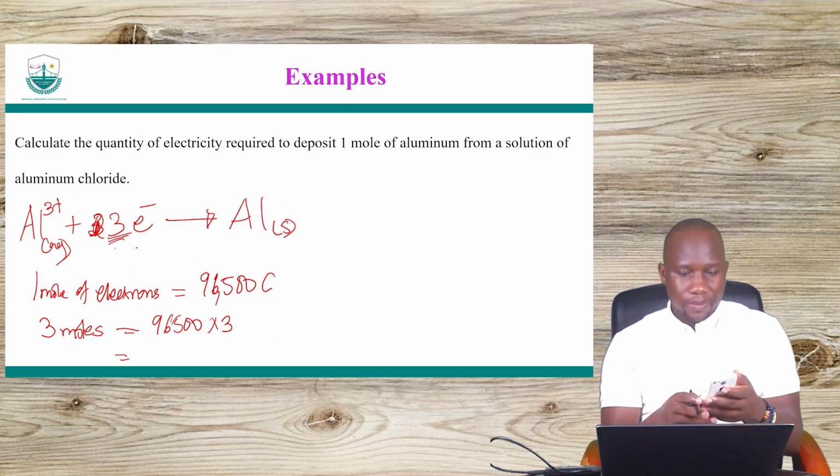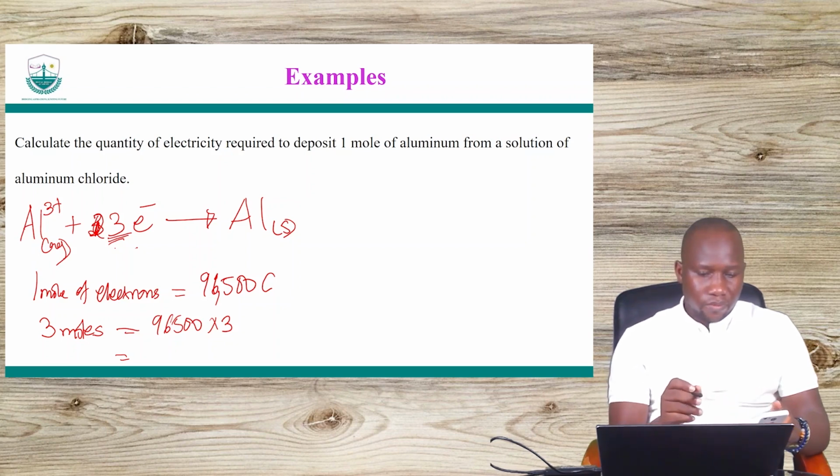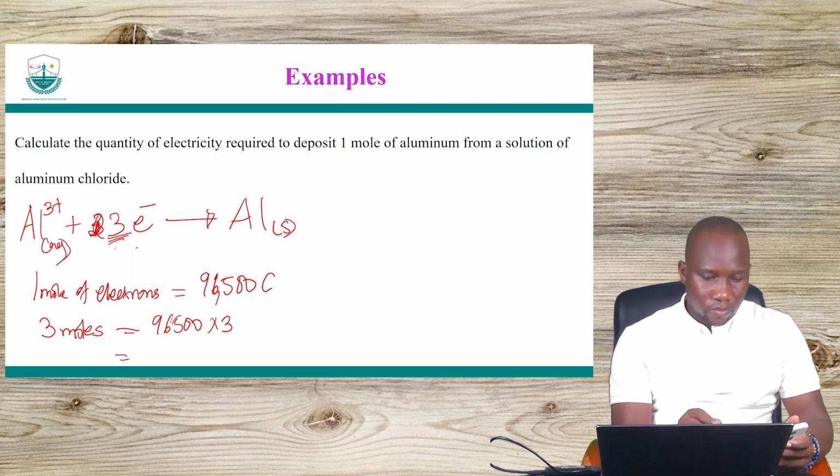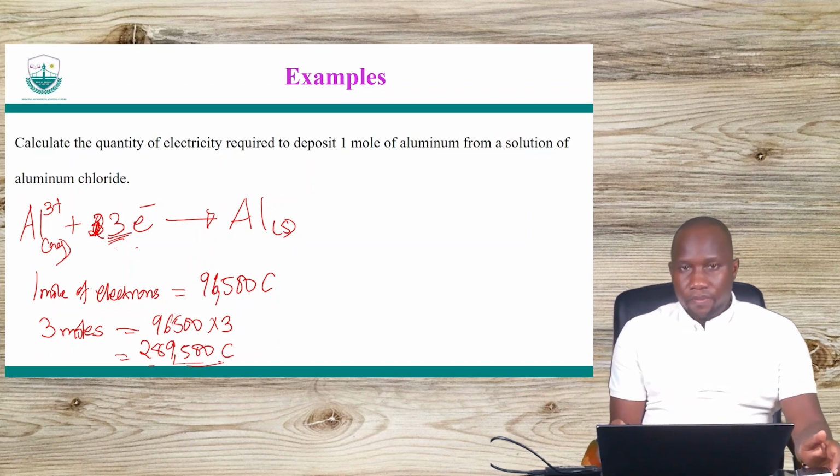So let's calculate that: 96,500 times 3. You need 289,500 coulombs for 1 mole of aluminium.